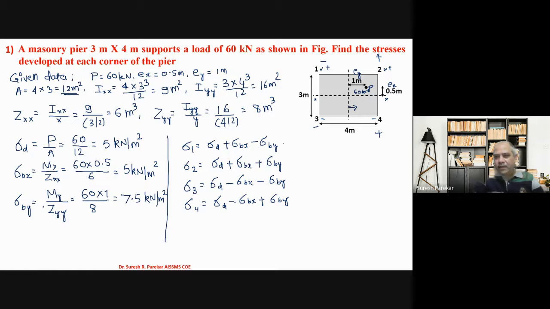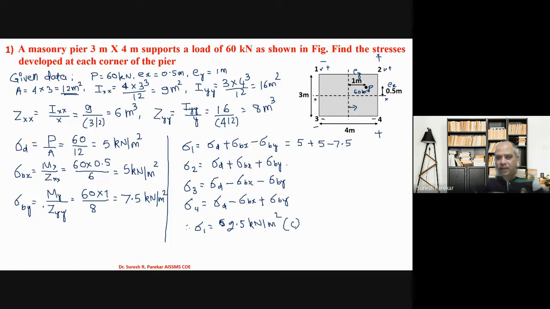And then if we put values in this, therefore for sigma 1 we are going to get: so we have 5, then plus 5 for sigma bx, minus 7.5, and we will get sigma 1 equal to 2.5 kilonewton per meter square, that is compression.